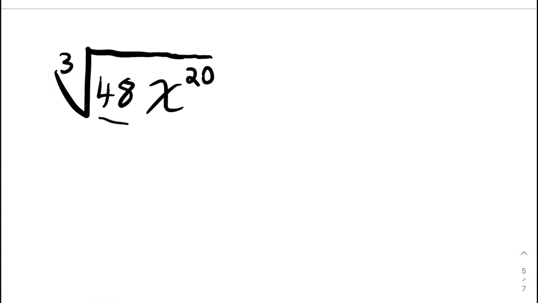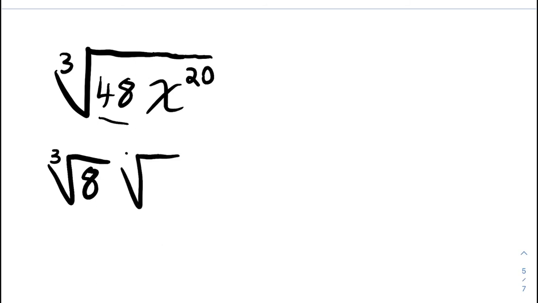The 48 we can break up into two parts. It's going to be the cube root of 8 times the cube root of 6, because 8 times 6 is 48. And I know this one is special because the cube root of 8 is known. The cube root of 8 is 2 because 2 times 2 times 2 is 8.